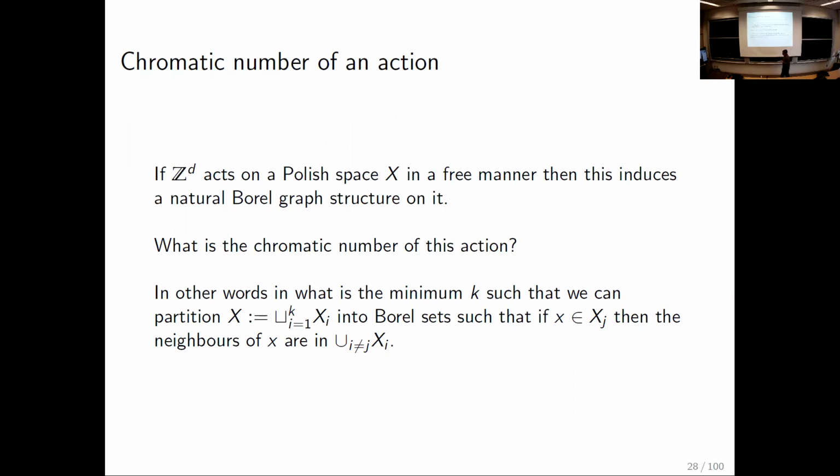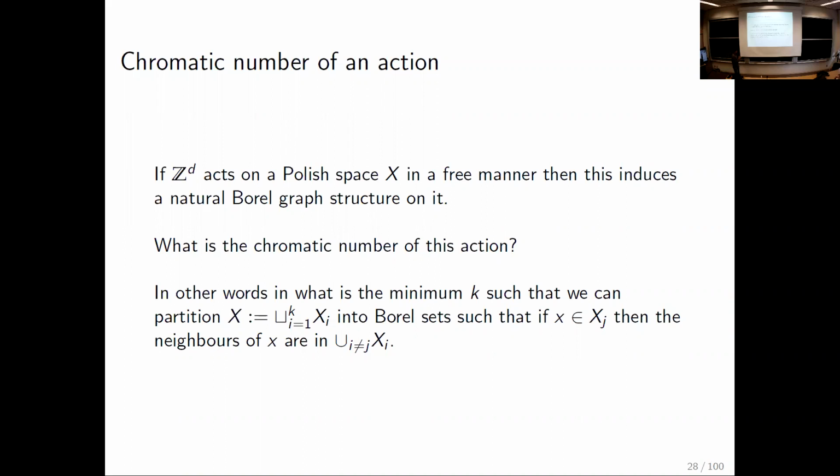Right, and this is probably also emphasizing the fact that when I have a Z^d action on a Polish space, I'm not just decomposing the space into uncountably many copies of Z^2 or Z^d, because then the chromatic number would just be 2.